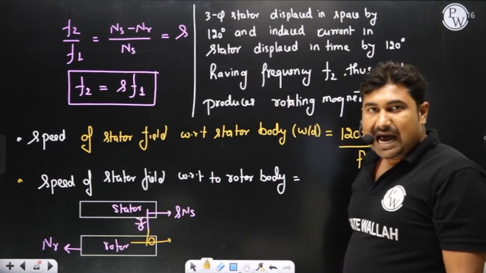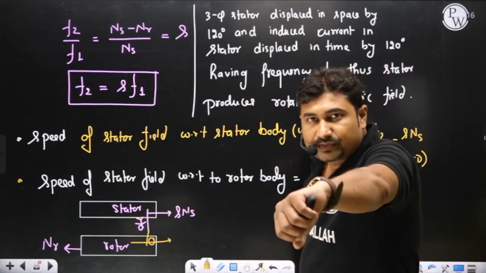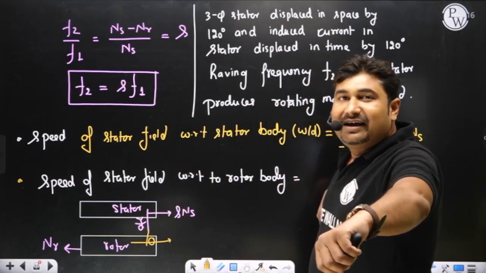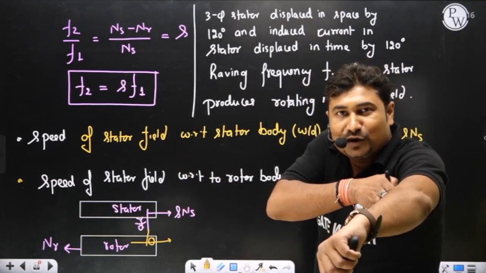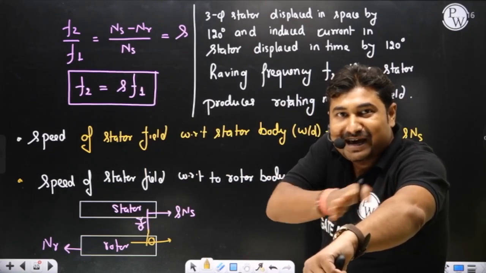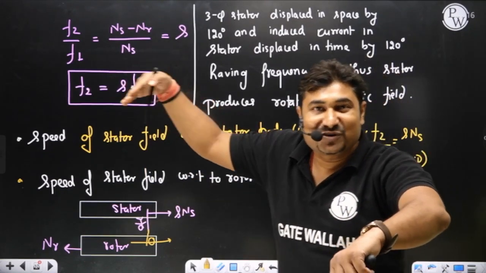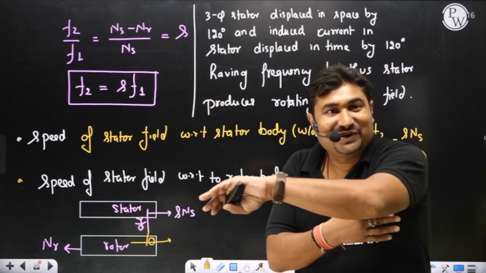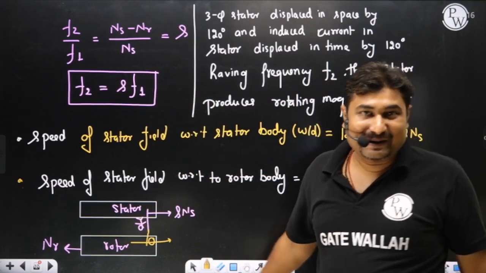Please assume I am opening my car door. I am keeping my car back, and you are coming in front of the door with a speed NR. The car is going back with a speed of SNS. So at what speed are you going to be hit by the car?